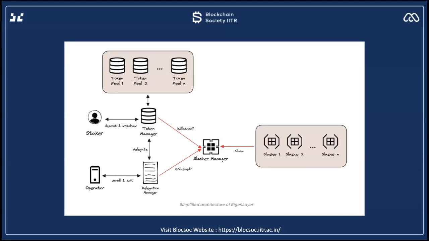It is possible. So as an AVS or as a protocol, it is in your best interest to smooth the bootstrapping process so that more and more stakers can deposit, so that you have a huge economic security backing you, so that you can be assured that people are incentivized not to behave maliciously in your network.